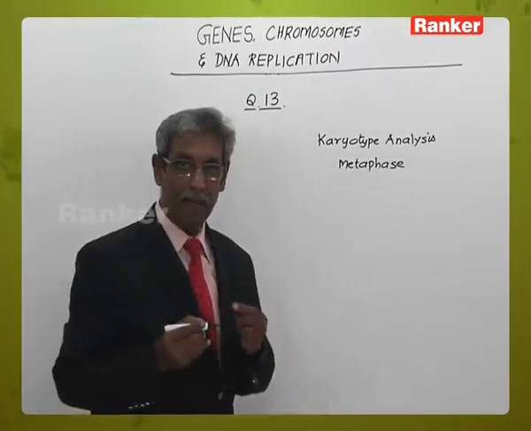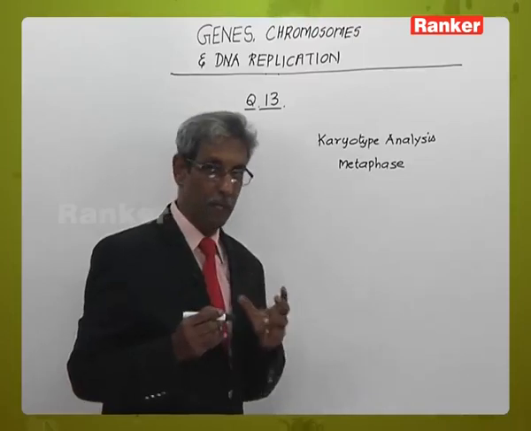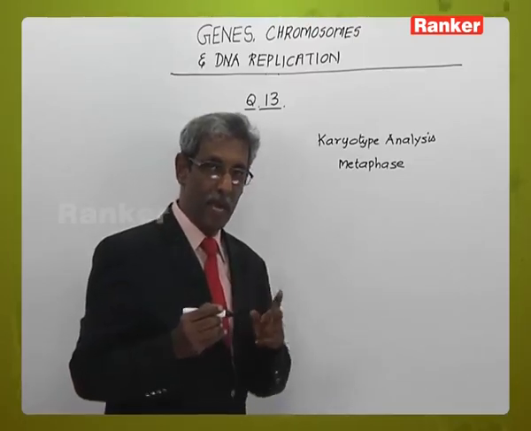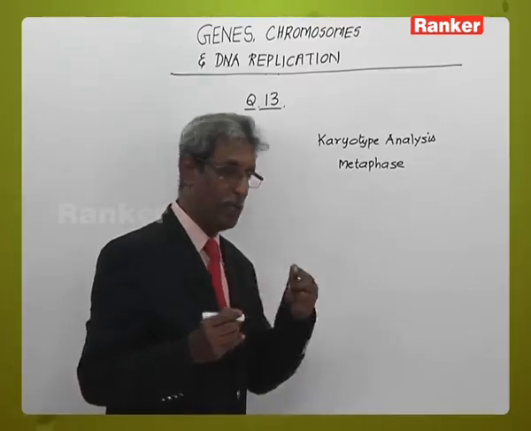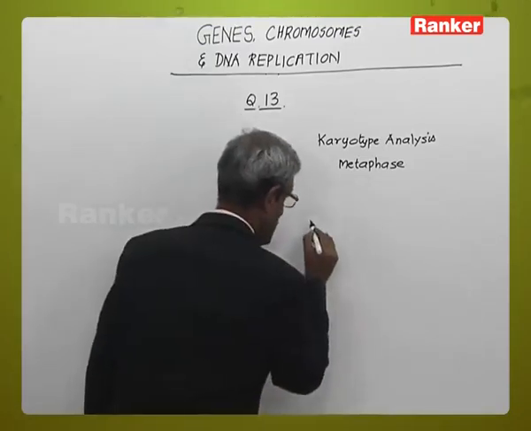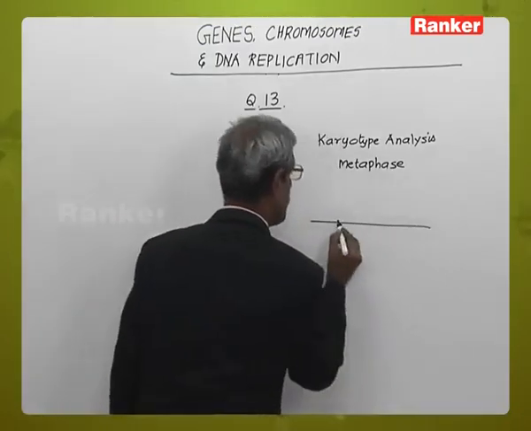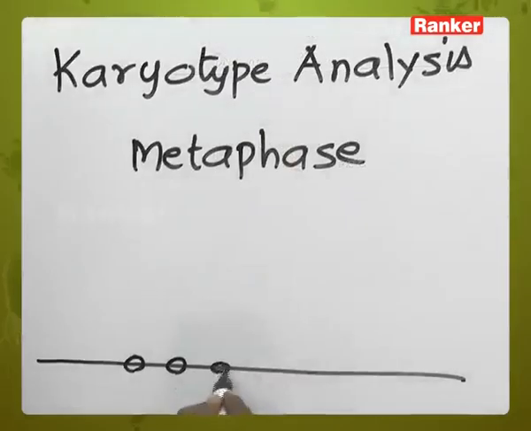So, we take a photograph of the metaphase chromosomes, cut the chromosomes according to their sizes and arrange them on a hypothetical line with the centromeres in the center.